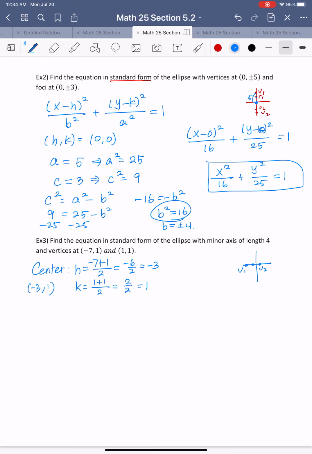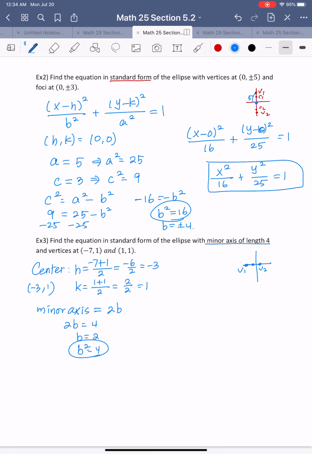And then also the minor axis is a length of 4, which means the minor axis is actually 2b. So 2b is 4, which means b is 2. So we got b squared, which is 4. And then the vertices are actually the distance from the center.